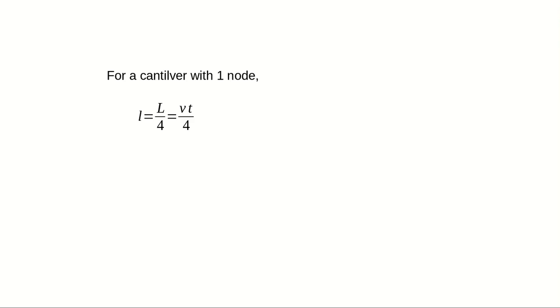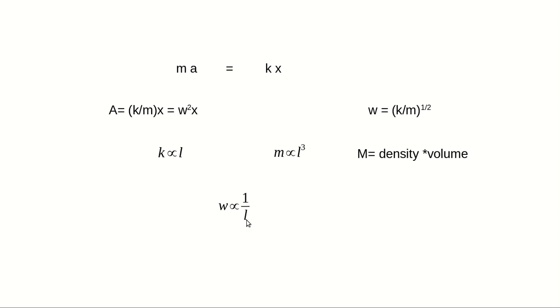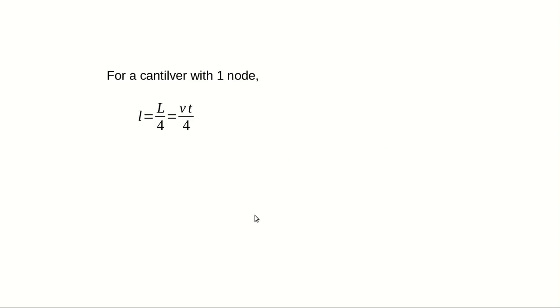Now what we will do is get that proportionality constant. Here I am just stating that omega is inversely proportional to L, but what the proportionality constant is, we will derive now. For a cantilever with one node, this is the length of the cantilever, and this capital L is nothing but the wavelength of that wave, or you can also write lambda, which is the usual notation for wavelength, but I have used L here.